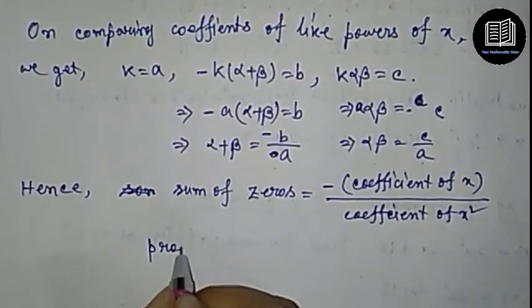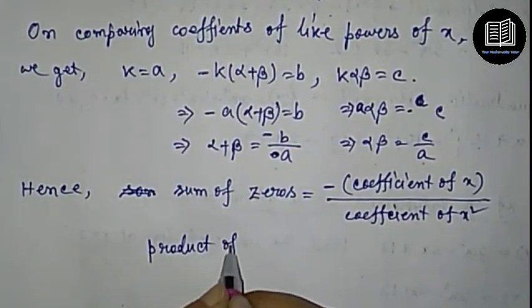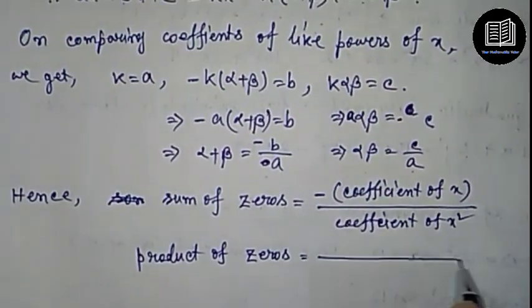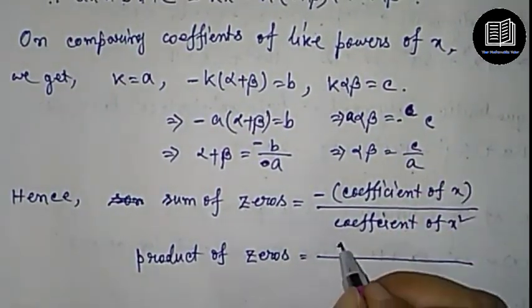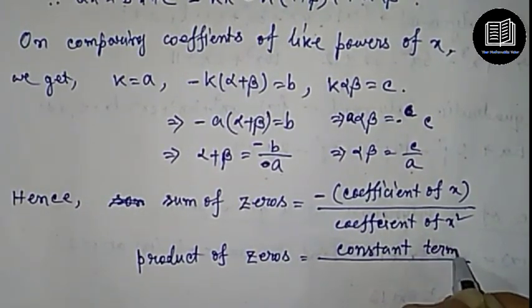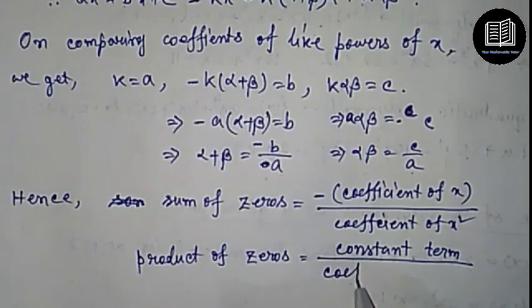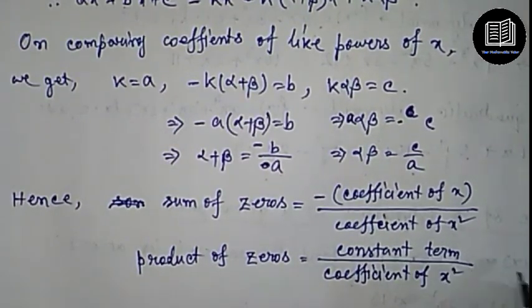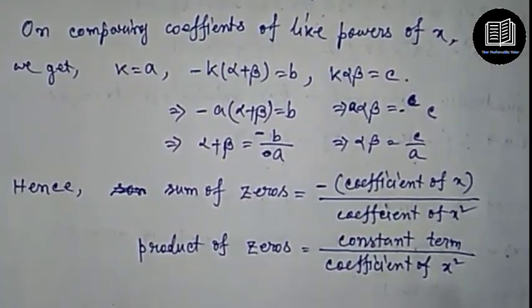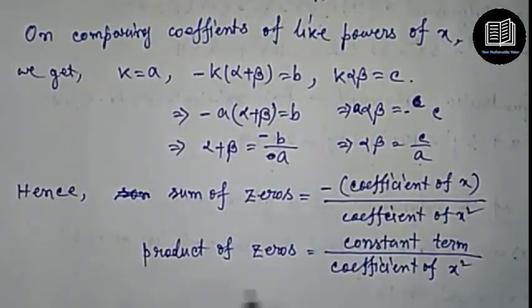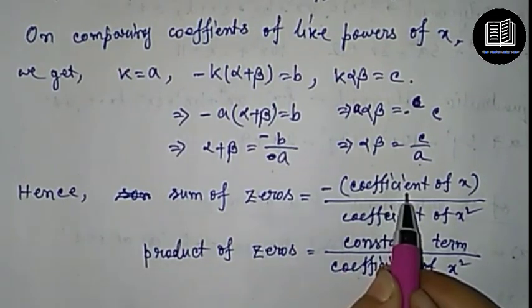And product of zeros equals c by a. c means constant term, a means coefficient of x square, correct?